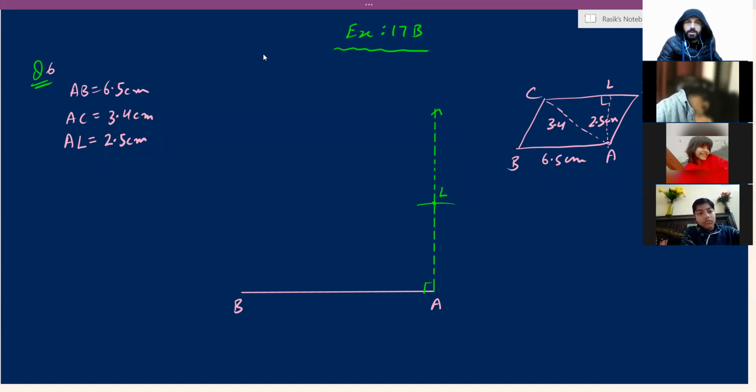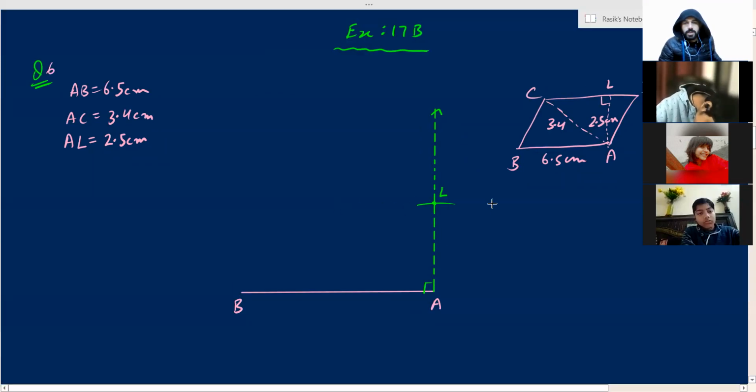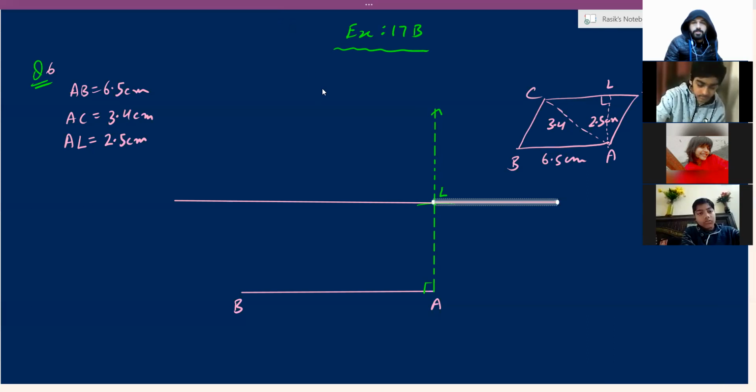We need a parallel line to AB. Again using the protractor, construct a line of 90 degrees. We don't know the length, so we will draw a long one like this in both directions. Fine, all of you.